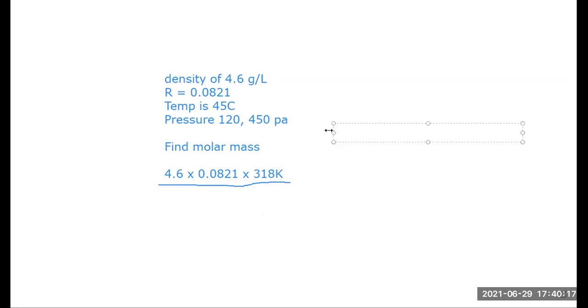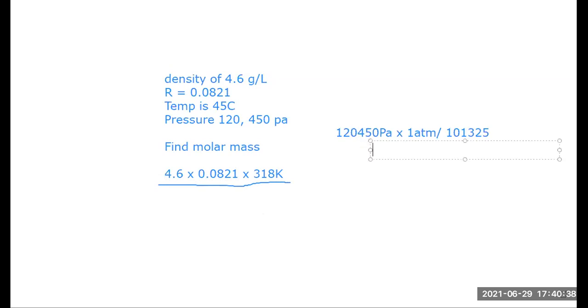All right, so 120,450 pascals times 1 atmosphere over 101,325.